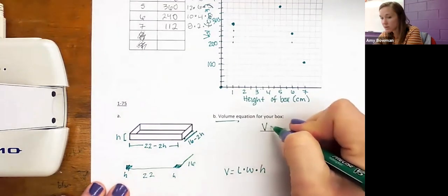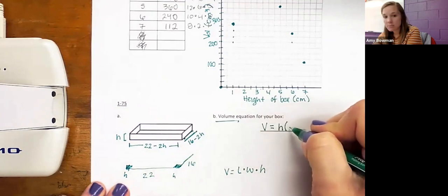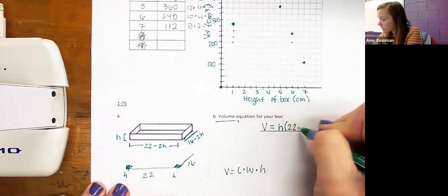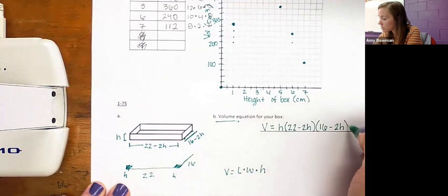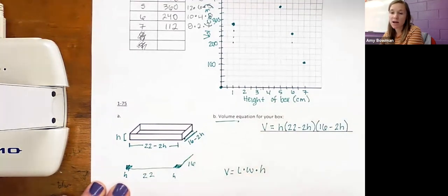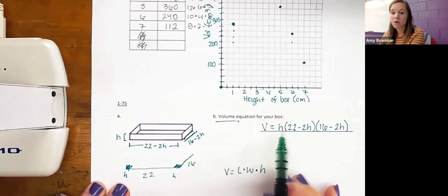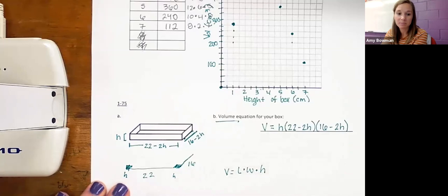So volume equals h times 22 minus 2h times 16 minus 2h. Now I have this model. So you could say, all right, how about a height of 3.5? What would the volume be? I would plug 3.5 in anywhere I see an h, make that calculation, and then I would know very quickly what the volume is.